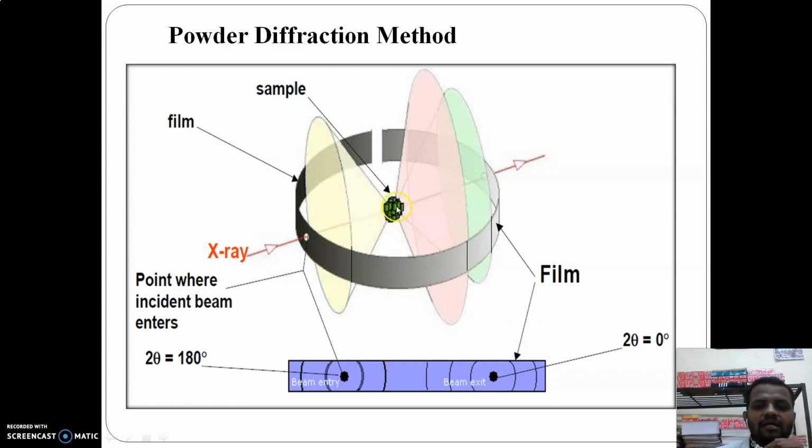And since the powdered sample is taken, in that case the angle will be continuously changing. Okay, and this angle changing is possible mainly because of the rotation or changing of the sample dimensions. And because the sample dimensions are changing, we are getting different diffraction patterns.